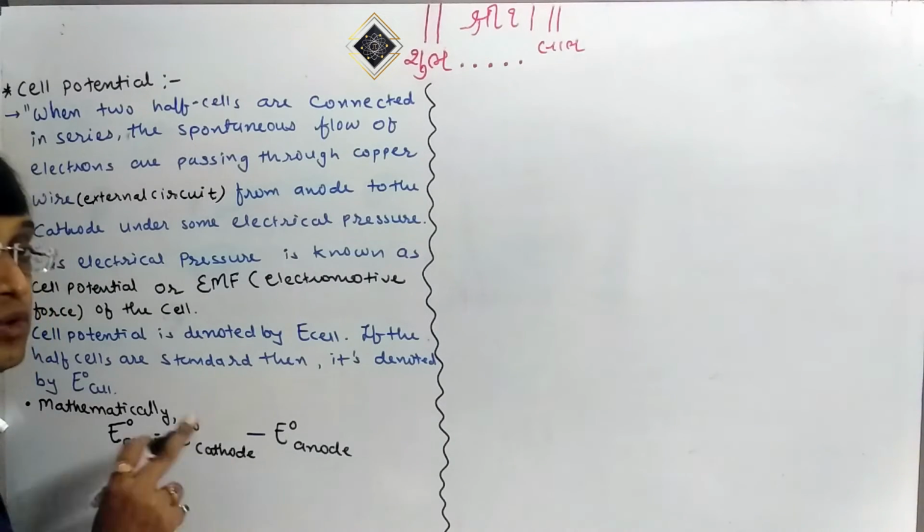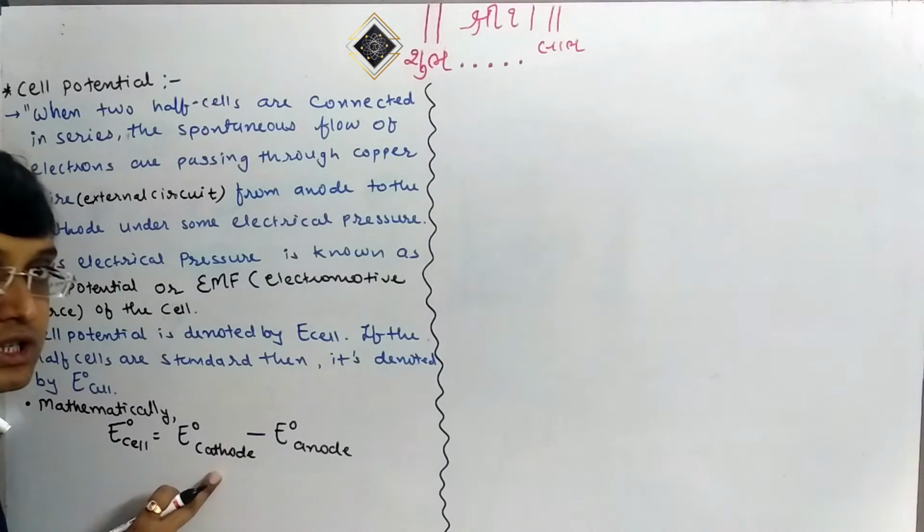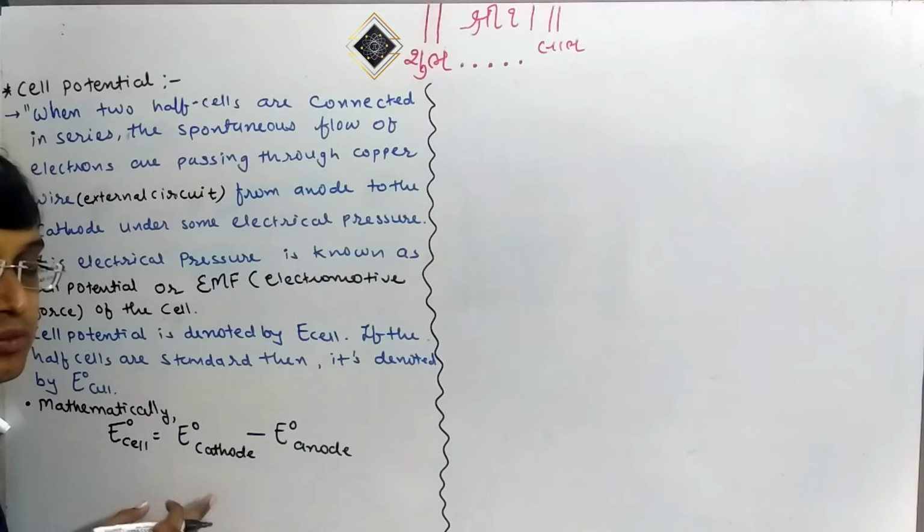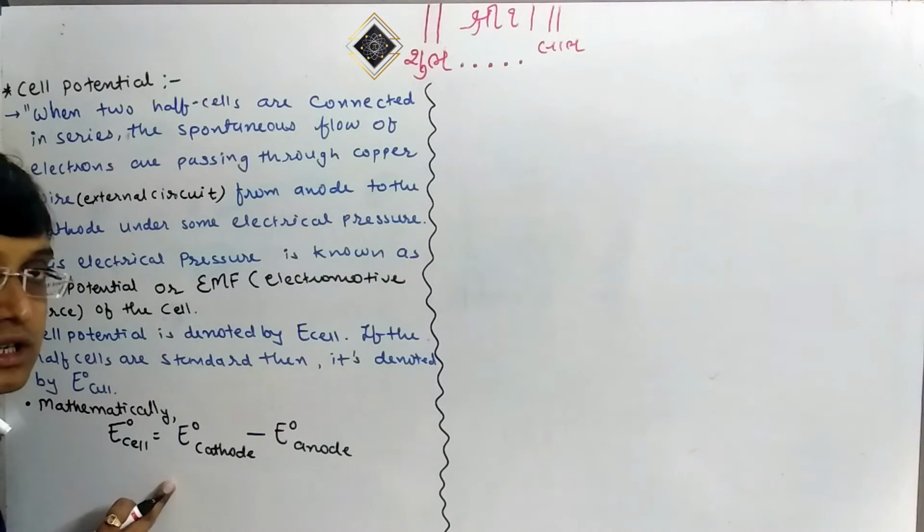So if you want to convert this half cell potential into the form of oxidation, then we just have to put a minus sign, because the oxidation and reduction half cell potentials are the same in magnitude but opposite in sign. Clear?